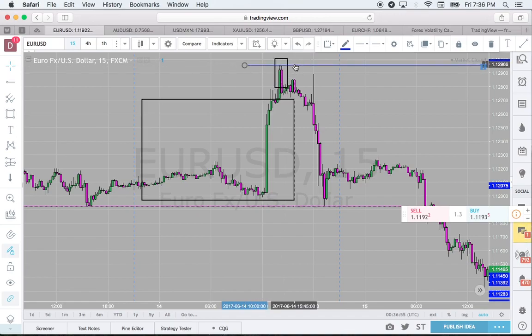So, what does the dealer do? The dealer spikes up once more, but not past the high that he has originally created. So the spike up and then that reversal.